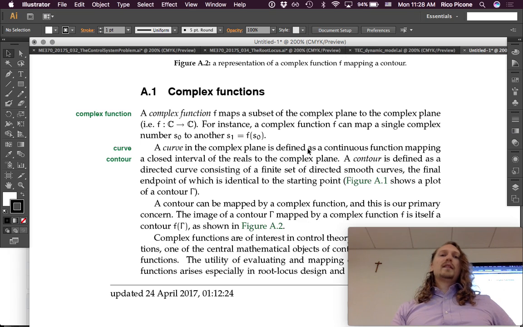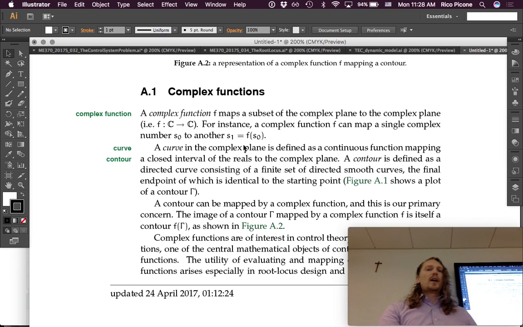For instance, a complex function f can map a single complex number, s0, to another, s1, which is equal to f of s0. So it's just like a real function. If you give a real function a real number, it'll give you a real number back. Complex function, you give it a complex number, it'll give you a complex number back.